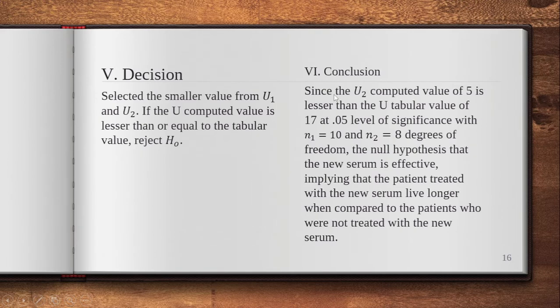Now, lastly, in conclusion, since the U sub 2 computed value of 5 is lesser than the U tabular value of 17 at 5% level of significance with N sub 1 equal to 10 and N sub 2 equal to 8, the null hypothesis that the new serum is effective is rejected, implying that the patients treated with the new serum live longer when compared to the patients who were not treated with the new serum.